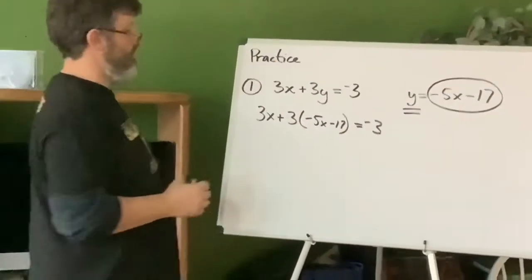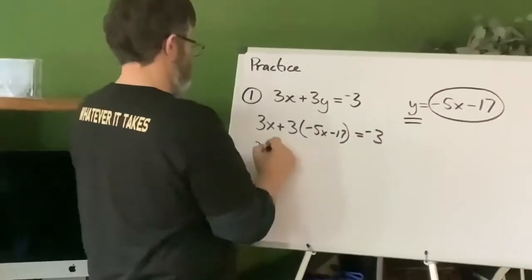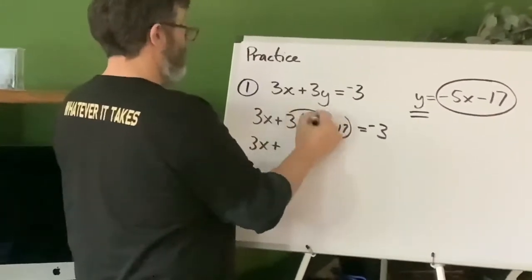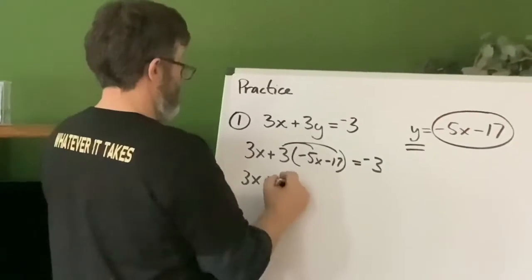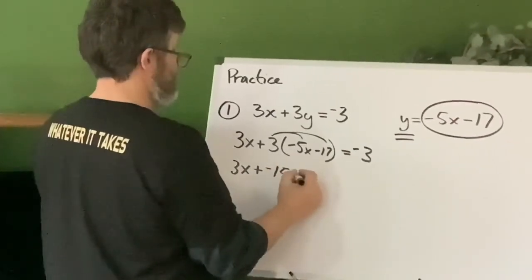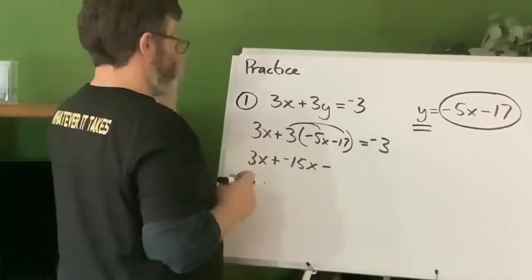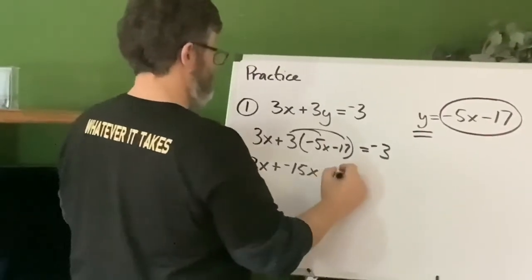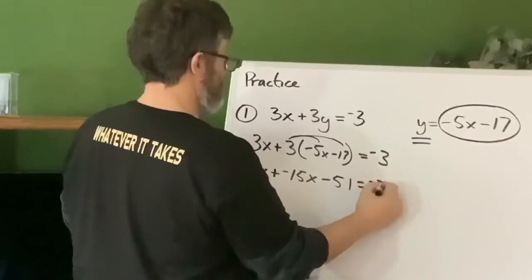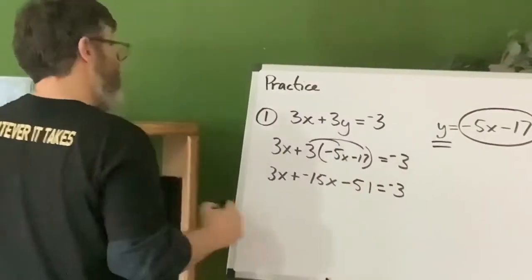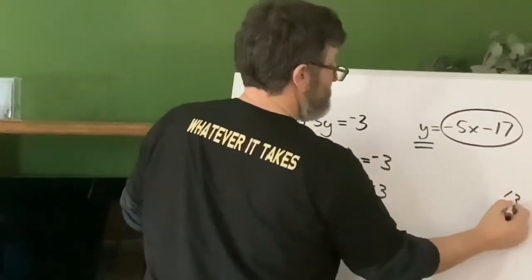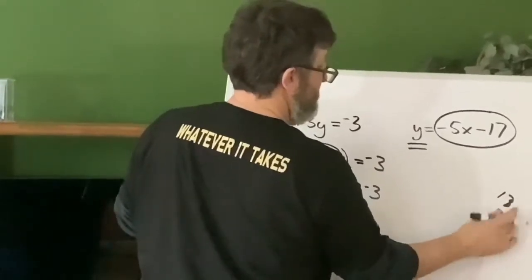Tomorrow we'll learn something new. Here we go. 3x plus negative 15x minus 17 times 3 is a negative 51, I hope. Somebody better check me on that. 17 times 3, yeah, it's 51.